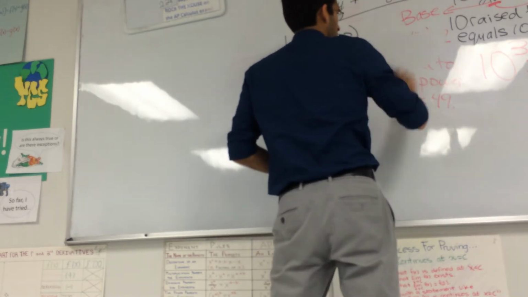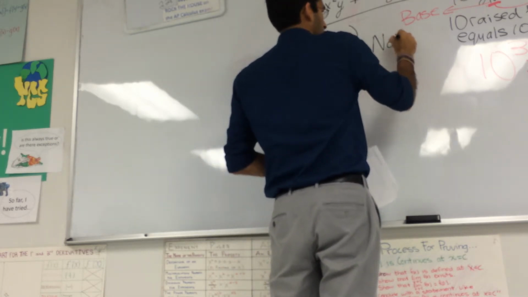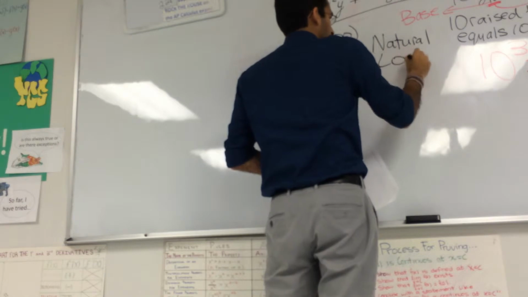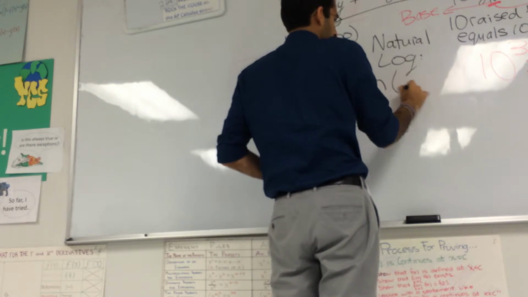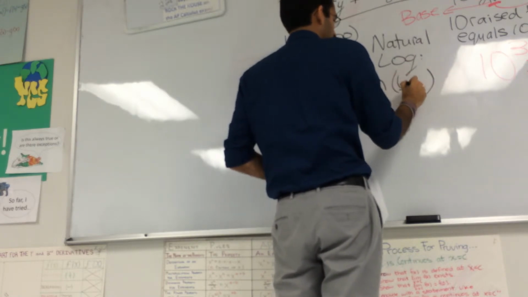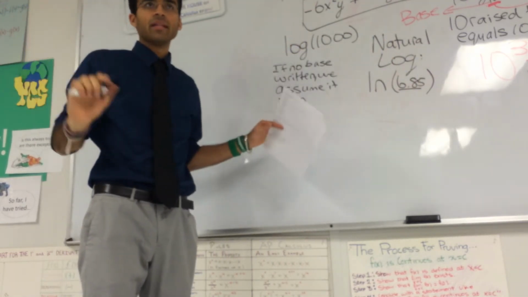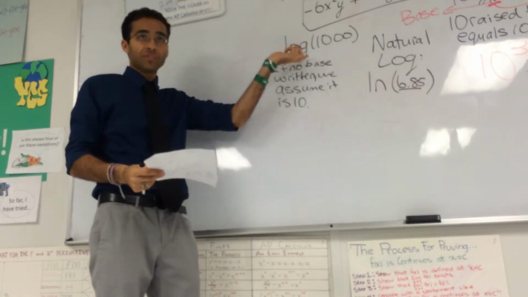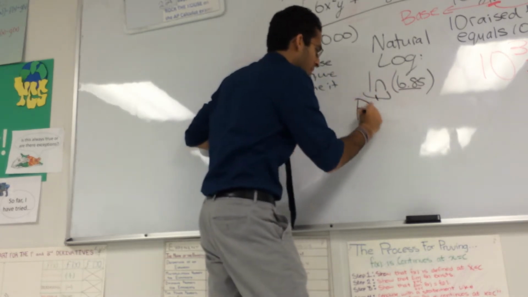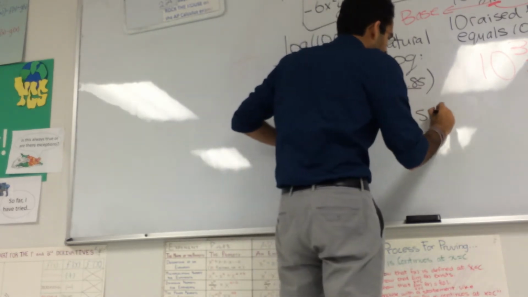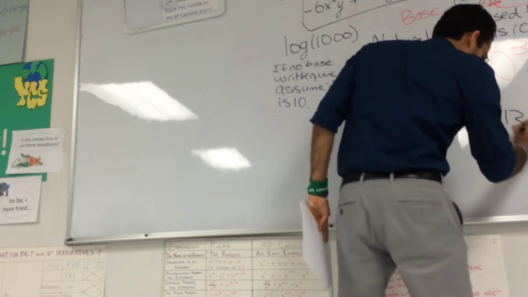The other thing we have is what we call the natural log, which is ln of a number. Let's call it ln of 6.85. I just picked a random number. The number means nothing. Notice this looks a little bit different than this. When you see this, it's called natural log, and the base is e, which is a number that equals 2.513, I think.